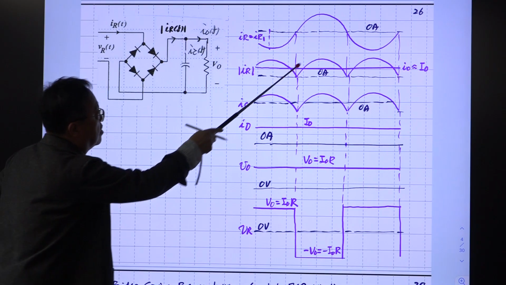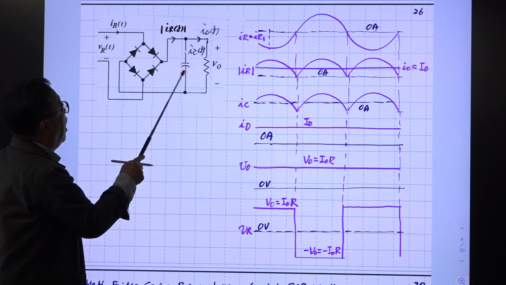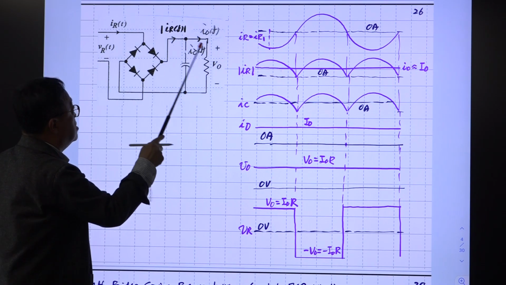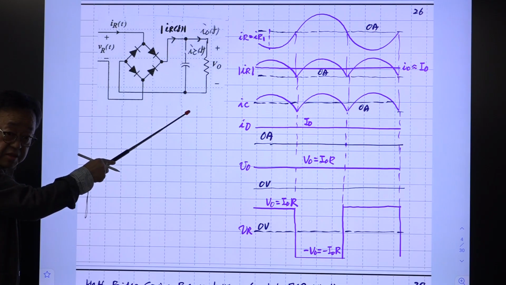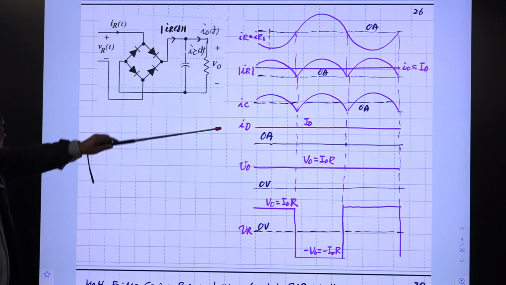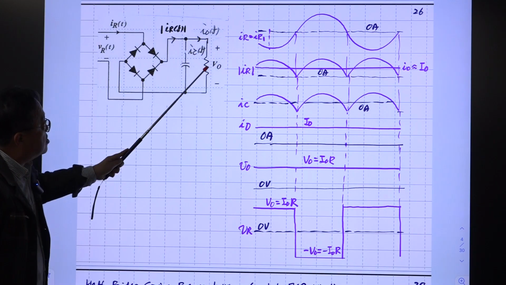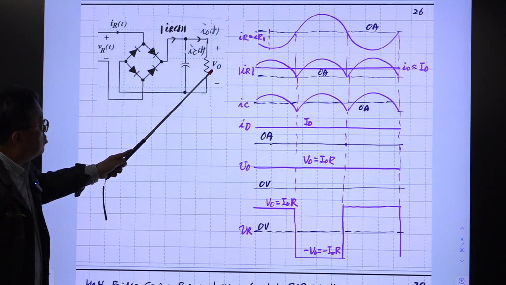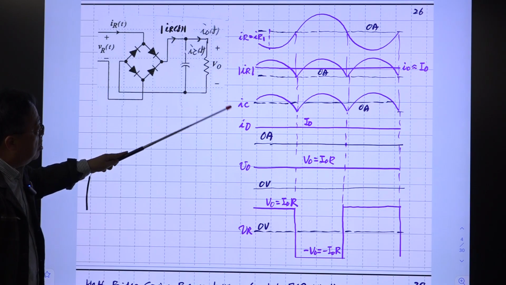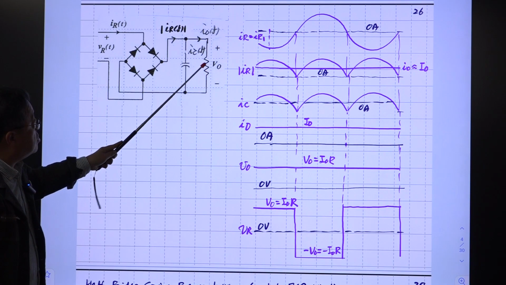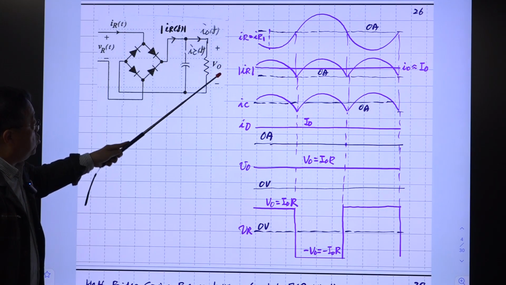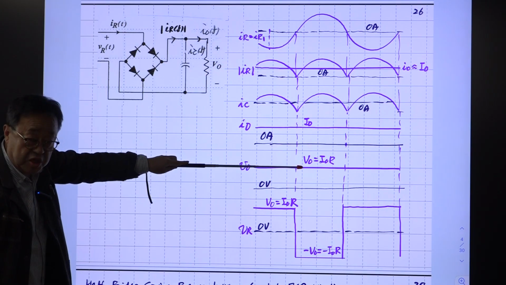So IR1 is like this. And the AC current of this part is entirely passing through this capacitor. So only the DC component of this current is passing through this R, the load resistor. So VO is just the voltage drop across this R due to this DC current, which is this.